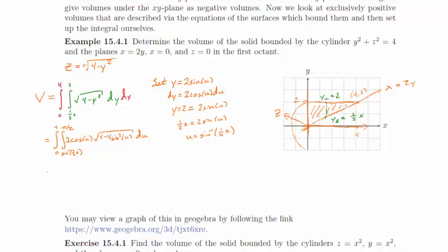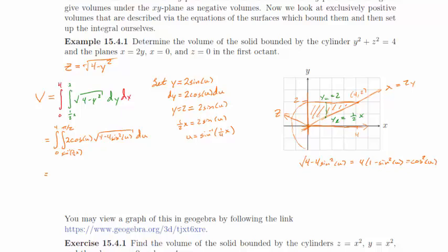This is going to simplify down. Let's do this over here. I've got, first of all, 4 minus 4 sine squared of u. I'm going to factor out the 4, so I've got 4 times 1 minus sine squared of u, but that's cosine squared of u.